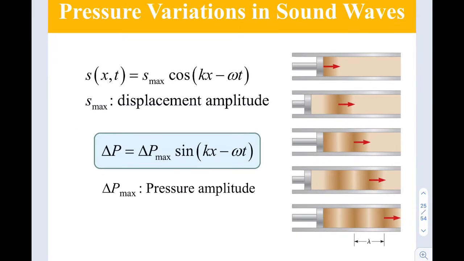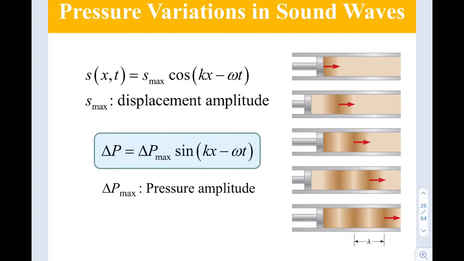S is the position of the small element relative to its equilibrium position. We can express S as a function of x and t, and because it is vibrating, it experiences simple harmonic oscillation as well.